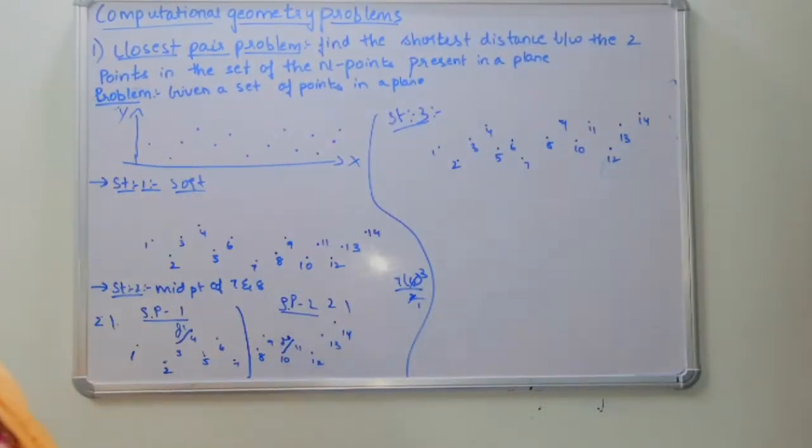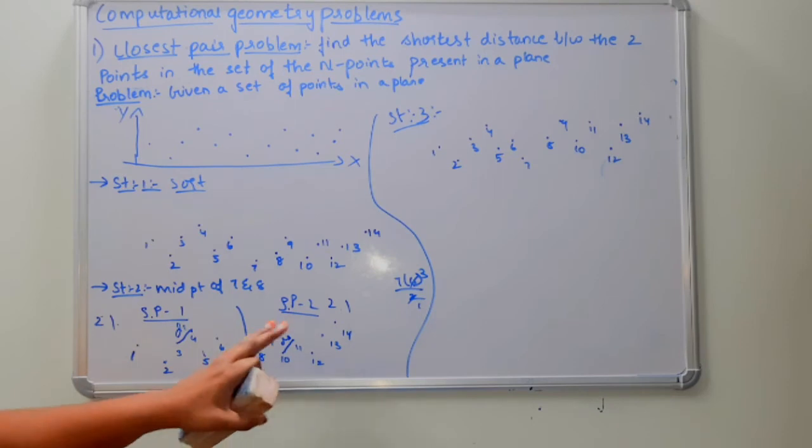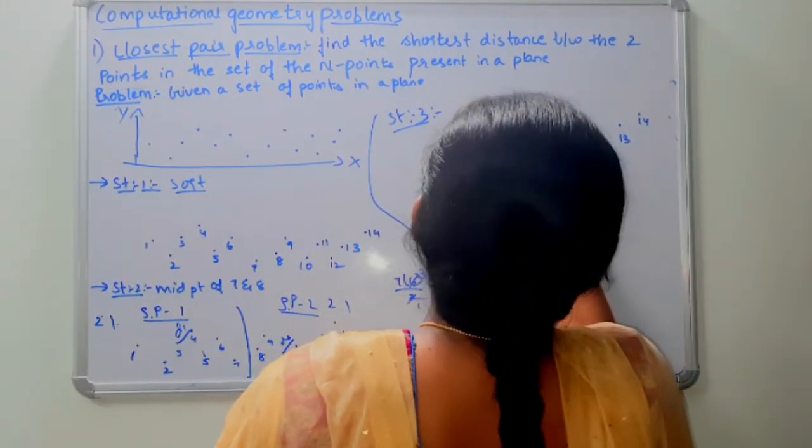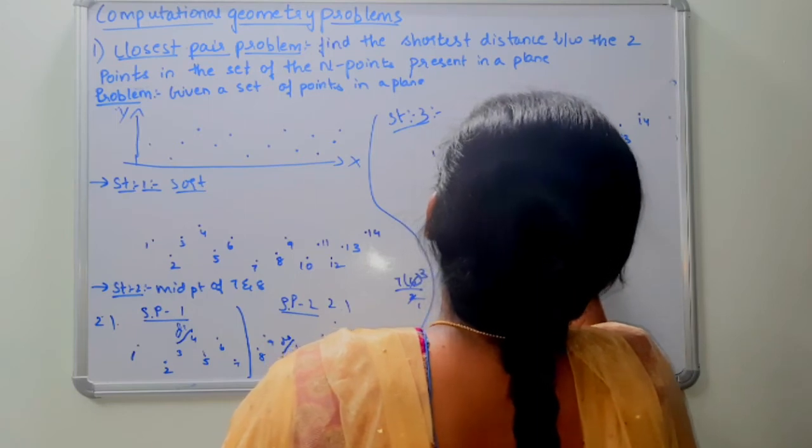Here what we have to do is compare each and every point in subproblem 1 with the points in subproblem 2. In order to compare points between subproblem 1 and subproblem 2, we have to divide this. So D1 and here D2.